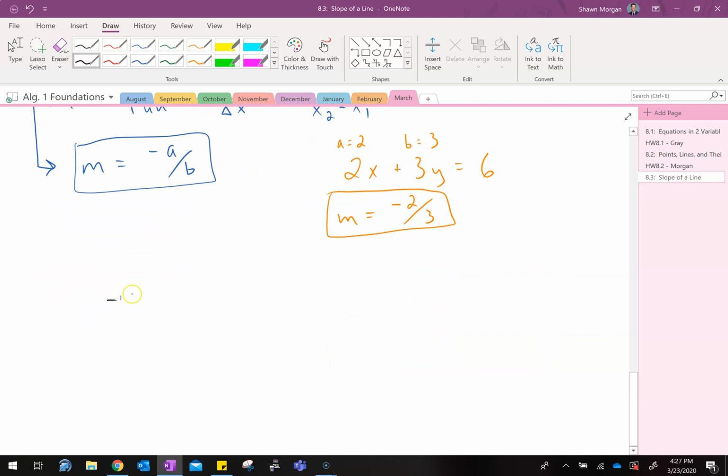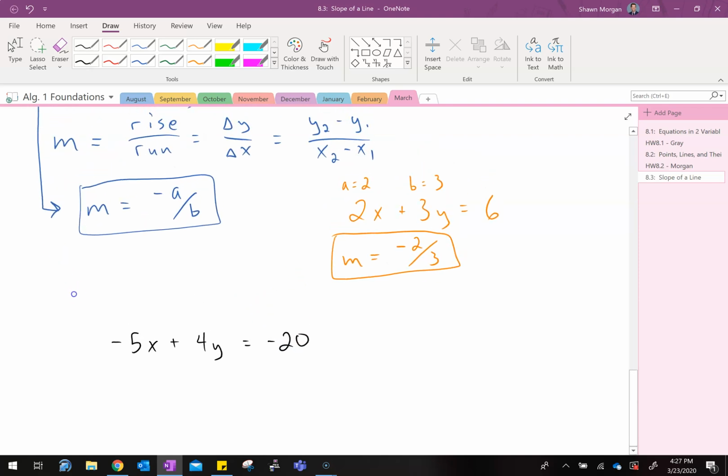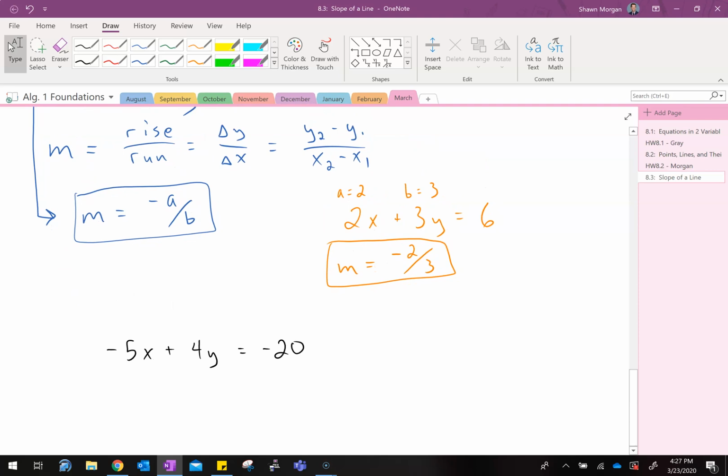Here's your example. Negative 5x plus 4y equals negative 20. All right? Pause your video now and see if you can find the slope of that line.